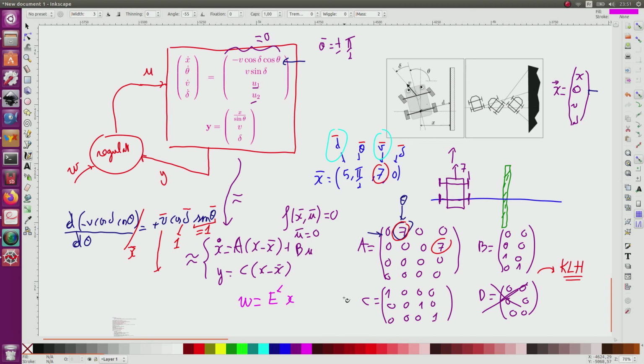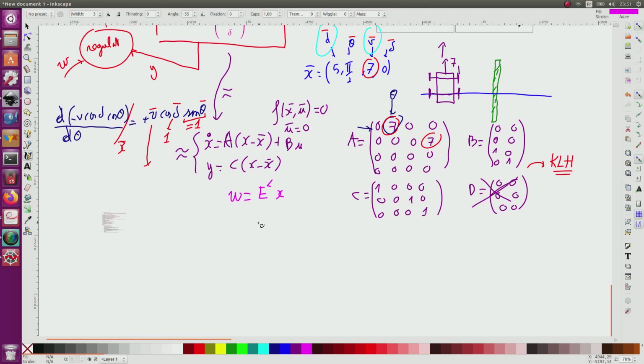This is why I will choose E equal to 1 0 0 0, excuse me, 0 1 0 0. So it will select in X the first and the third variable.